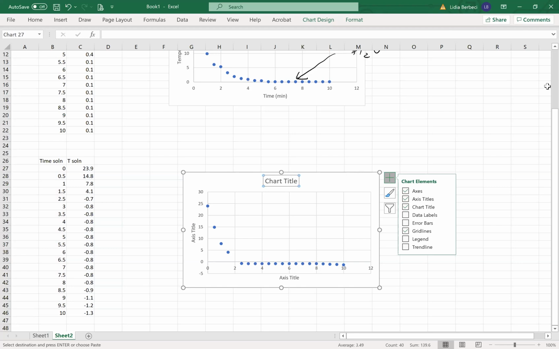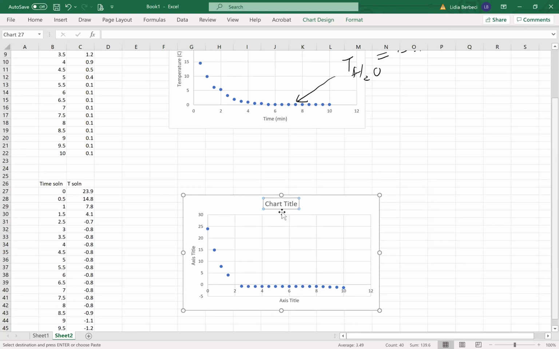So for this graph, the title is temperature versus time of solution.